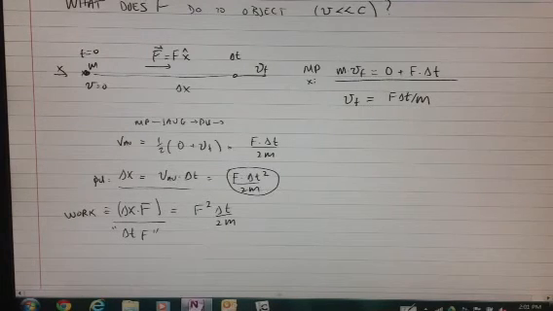I want to do this in terms of things that I can see in the final state. The thing that I can see in the final state is the final velocity, and I have a statement for what the final velocity is. Force times delta t divided by m is the final velocity, so let's write this as, oh, there's a delta t squared there, I forgot to write that.